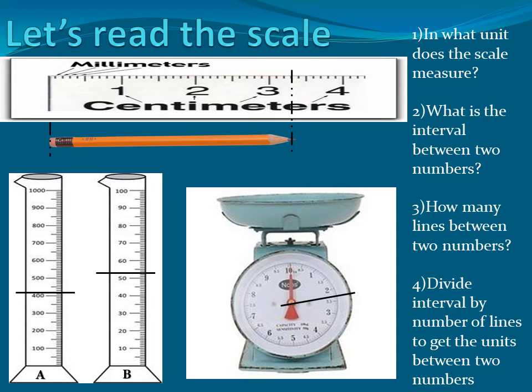So we want to measure now. We already know that the interval between the numbers is 100. We also know that the lines in between are 10. Let's divide 100 by 10. What do we have? 10. It means that the unit we'll be adding to each of the bigger units here will be 10.